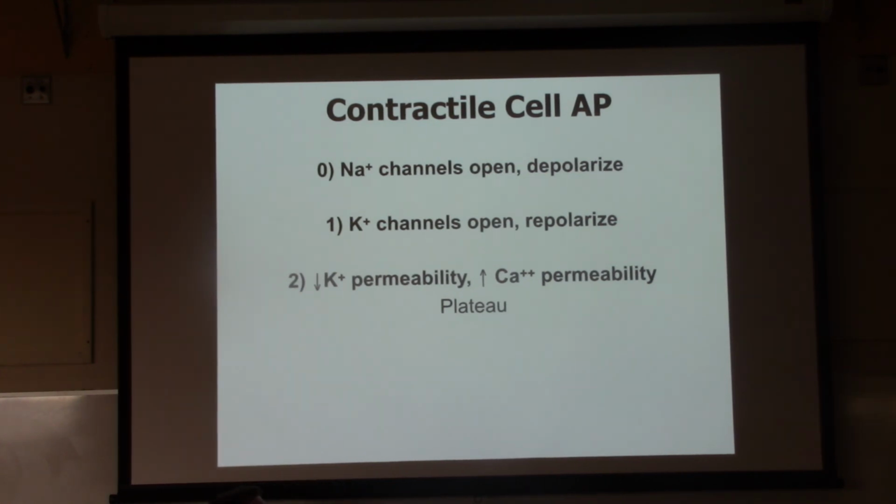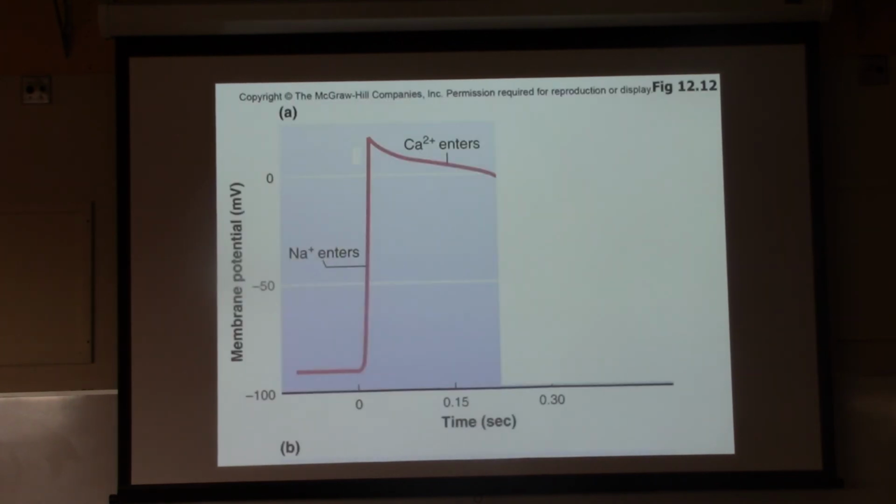And if you increase calcium permeability, which way is calcium going to go? It's coming in. So that calcium coming in brings more positive charge into the cell. So in a way, the potassium and the calcium are sort of working against each other. Potassium's repolarizing the cell, where calcium you'd think would almost depolarize the cell. But instead, what happens is it kind of levels it out. And that's what we call the plateau phase.